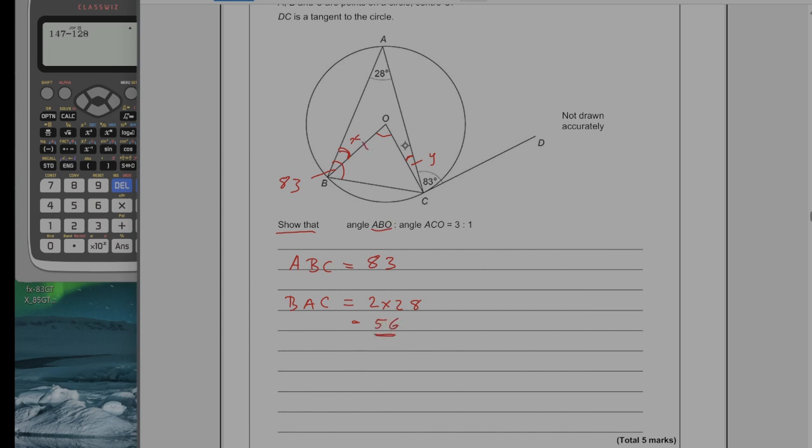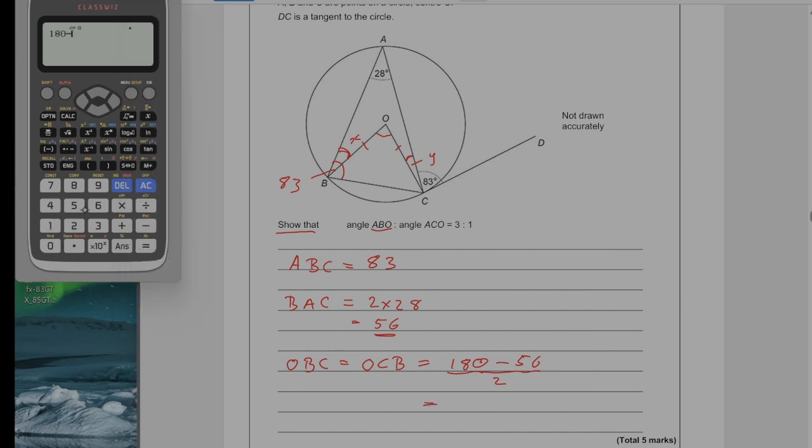We've got an isosceles triangle there, so angle OBC is equal to angle OCB, and they're both going to be equal to 180, the angles in a triangle, minus 56, divided by 2. So we're looking at 62.